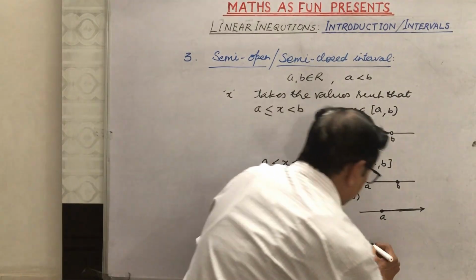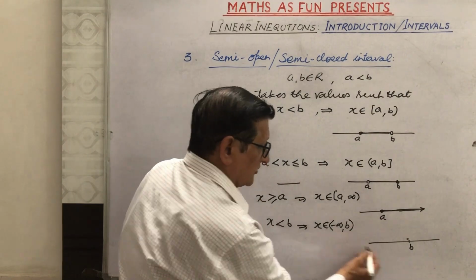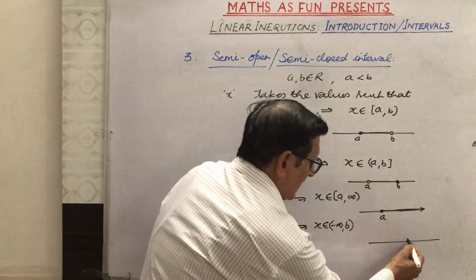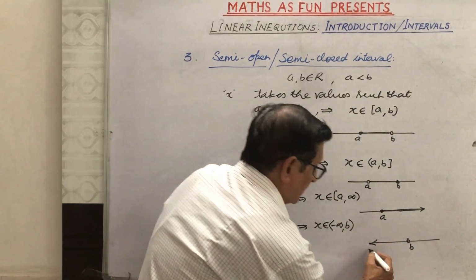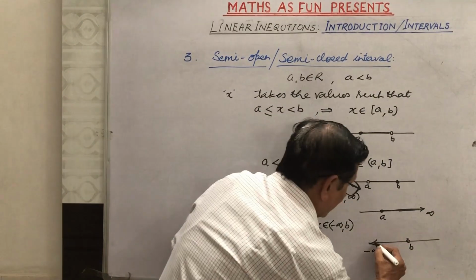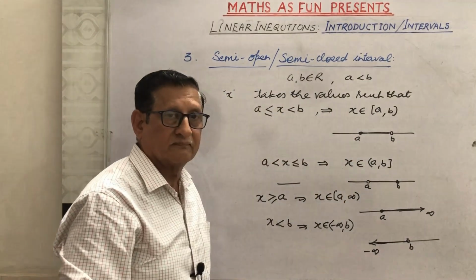And on the number line, this time we mark b here and b is open. So this will be a hollow bubble. And we will mark it with the arrow onto the left side. This is minus infinity. We can write plus infinity here and we darken the line up to b.